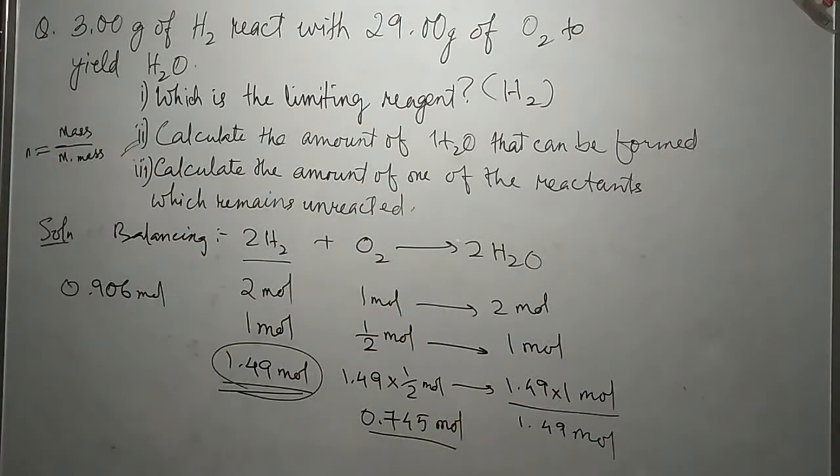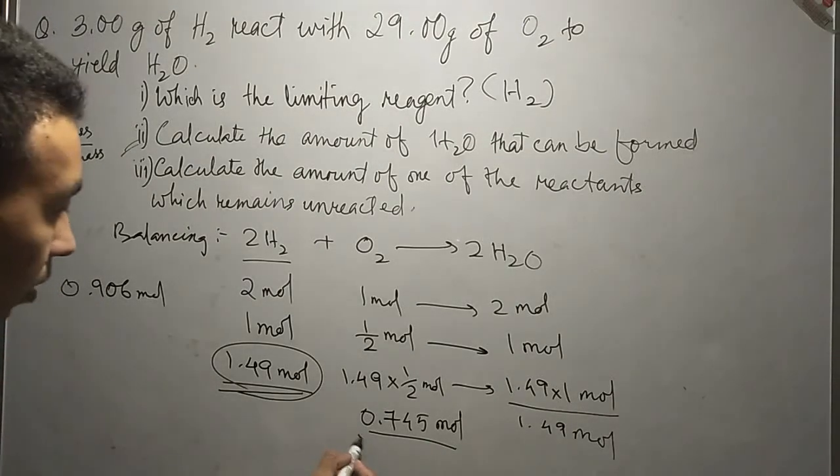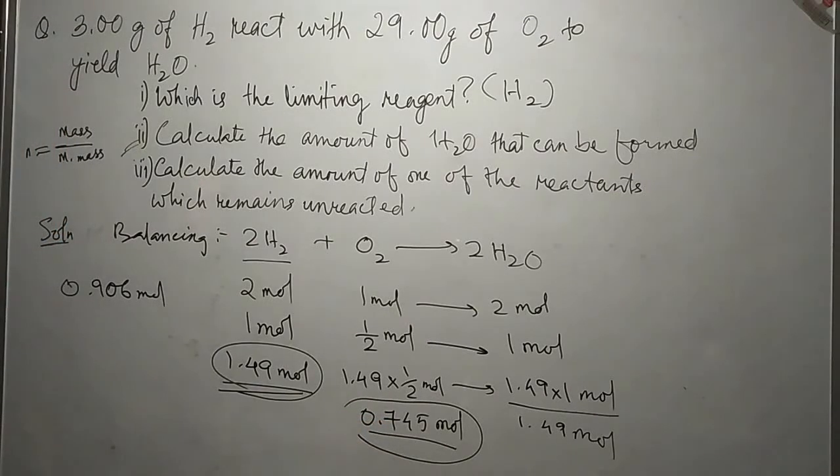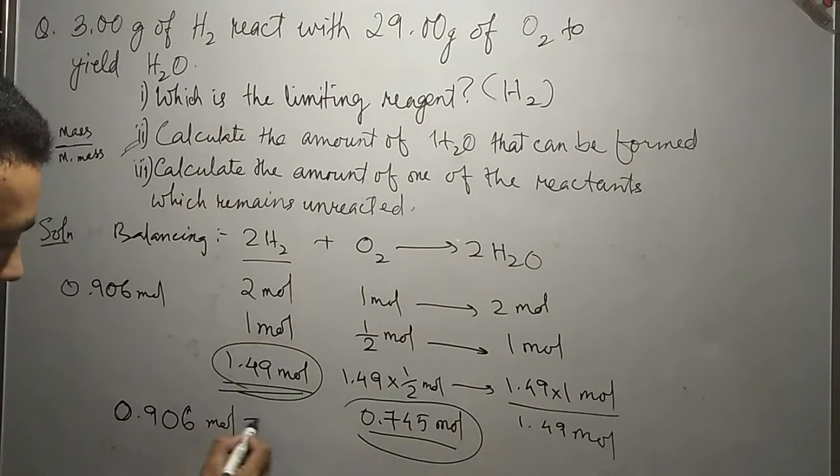The third one: calculate the amount of one of the reactants which remains unreacted. Oxygen molecule is the one that is left out. To calculate the remaining oxygen, the total mole of oxygen was 0.906 mole, and we have used up 0.745 mole, so we subtract.